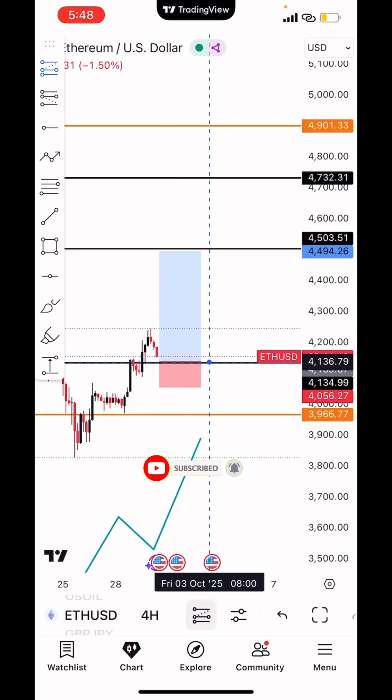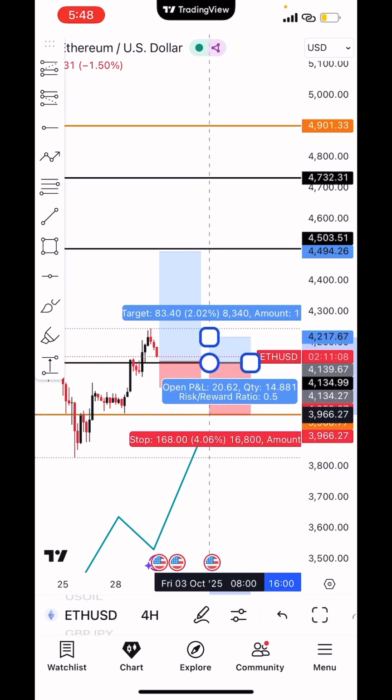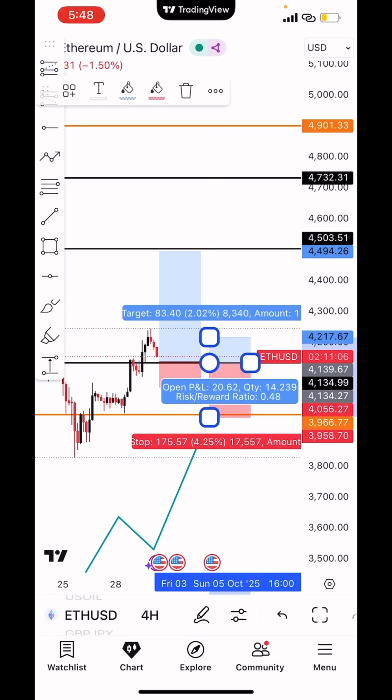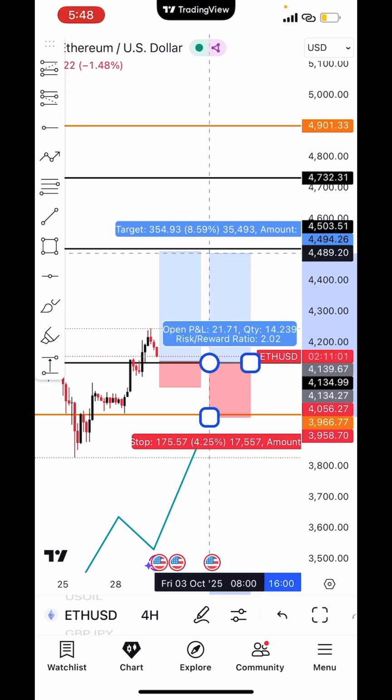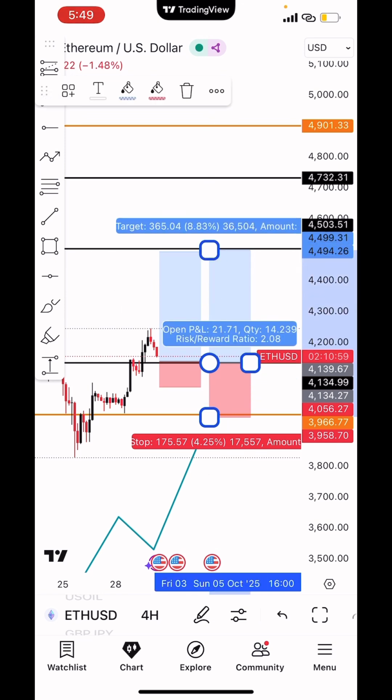This is another level you can take, because I also saw this other level. This is swing. Even if you don't want to, this particular entry is a much safer entry.